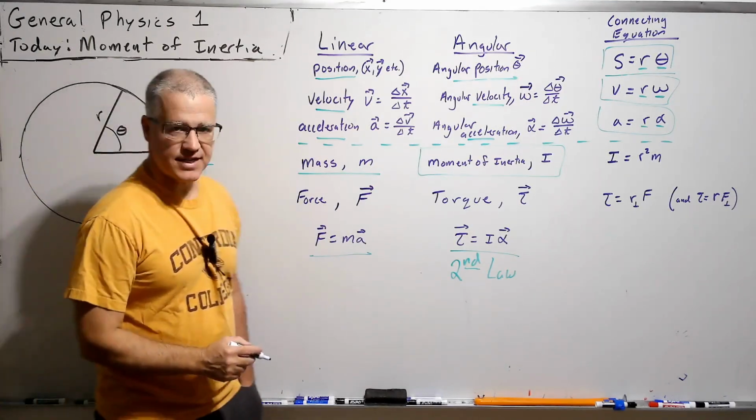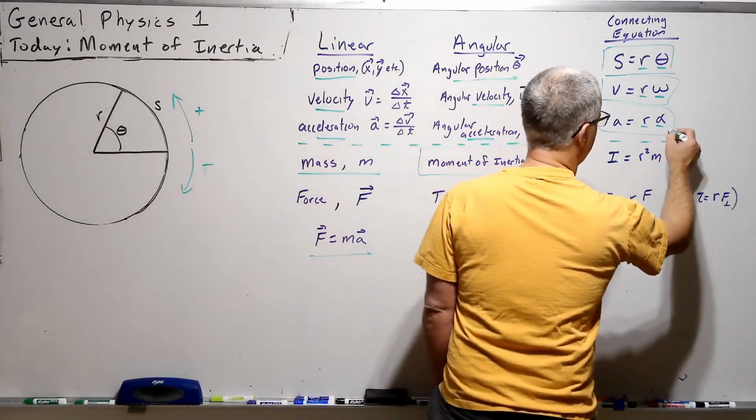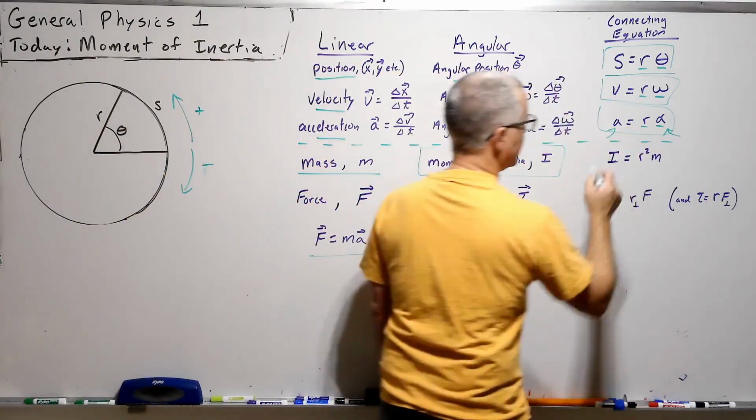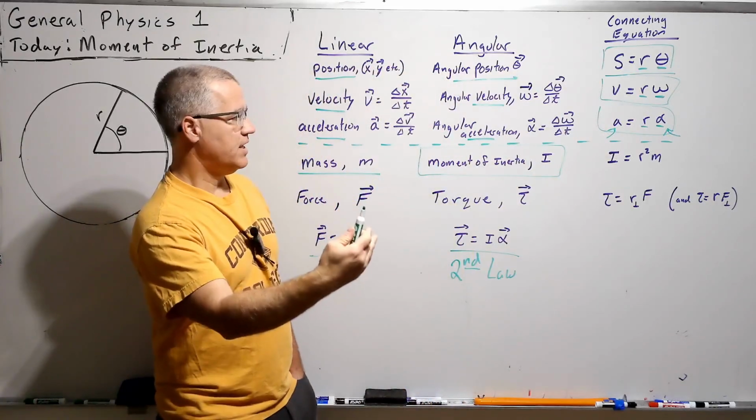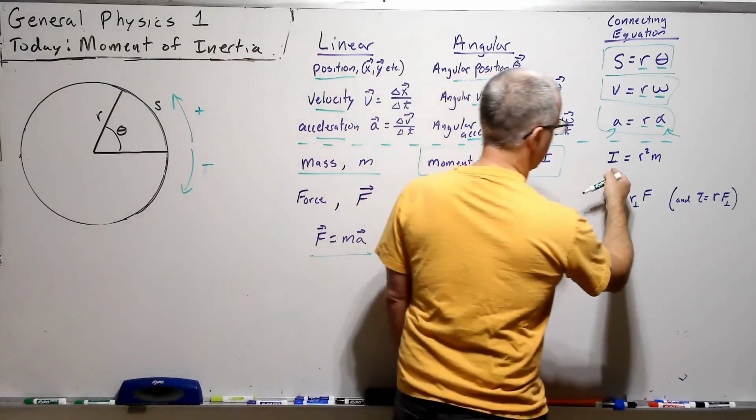Now let's look at the connecting equations here. A little bit different. Notice here we had the angular bit over here, the linear bit over here, and the angular bit was being leveraged by r. Well, now the script flips a little bit.